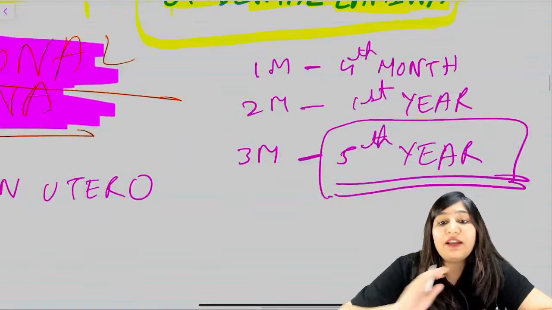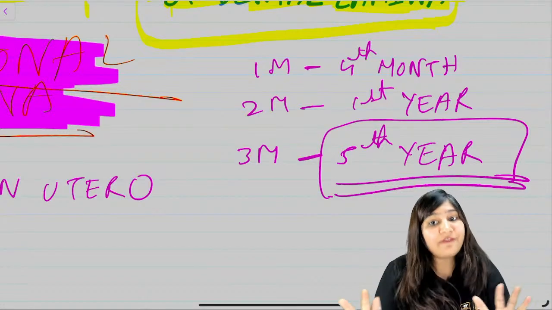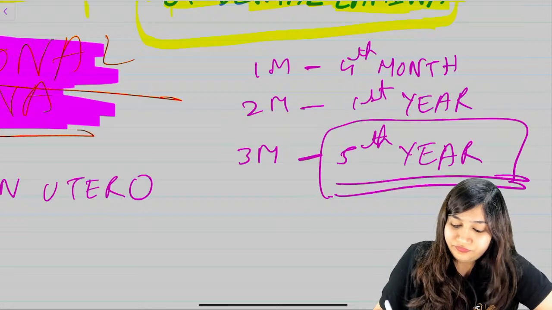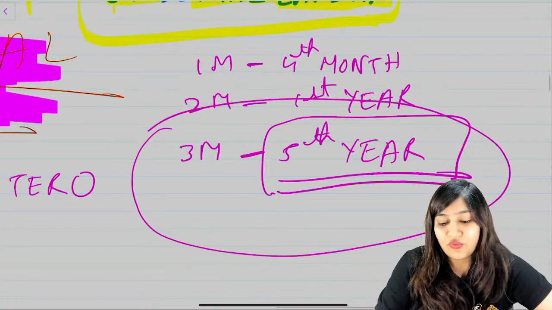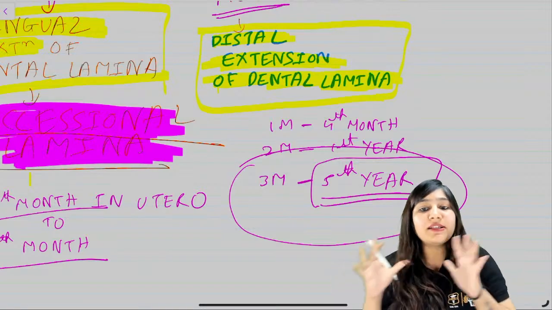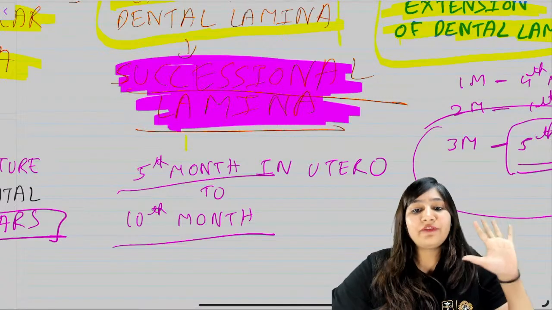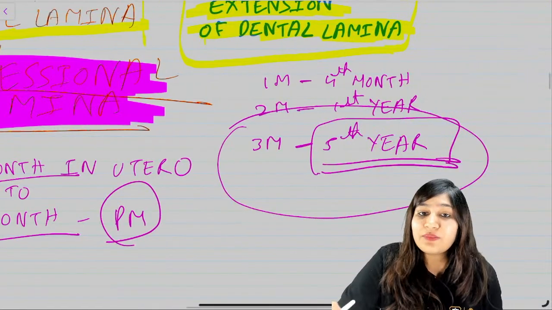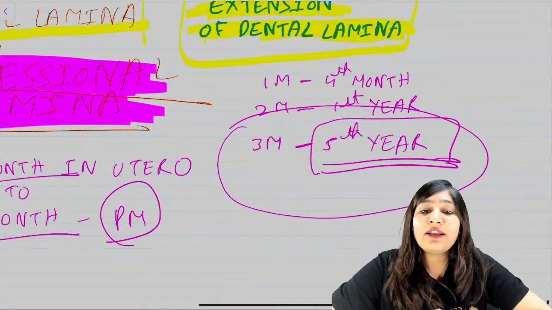So till the 5th year, our dental lamina will be active in the third molar region, after which disintegration of dental lamina will start, as a result of which the activity of dental lamina is mainly of 5 years. Why is the activity of dental lamina 5 years? Because it will be active in only the third molar region till 5 years, and for the rest: succedaneous teeth 5th month in utero to 10th month, first molar 4th month in utero, second molar first year after birth, and third molar 5th year.